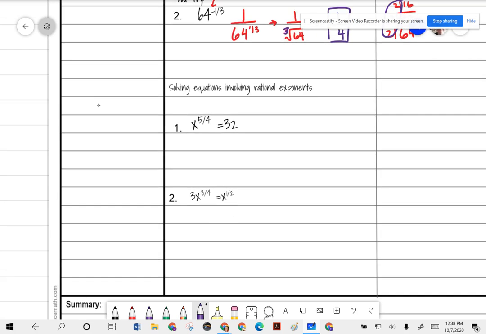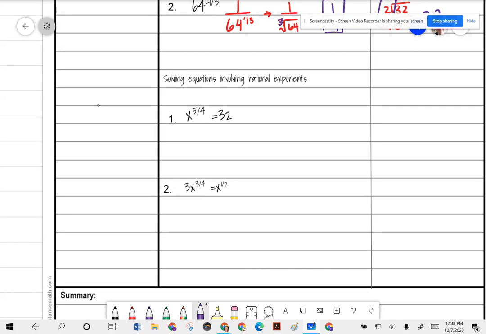Now, let's go into solving equations involving these. So the takeaway, and I would love for you to add to your toolbox section right here, would be to raise to the reciprocal power, because when you have a power to a power, you multiply, and then whatever you do to one side, you do to the other side.